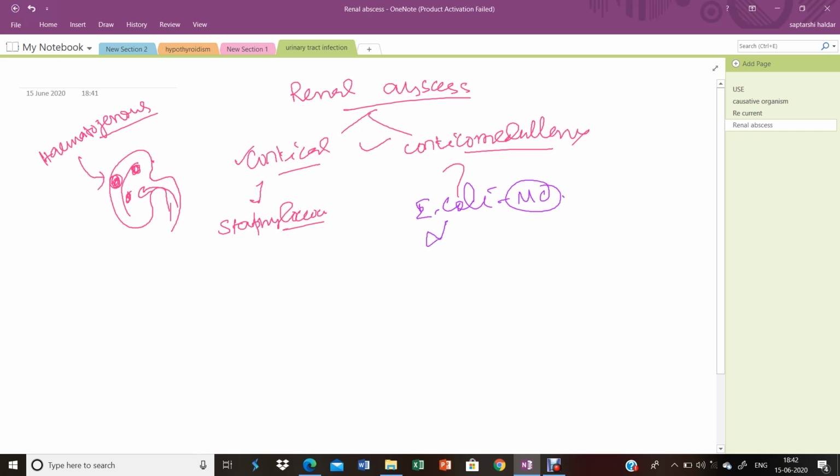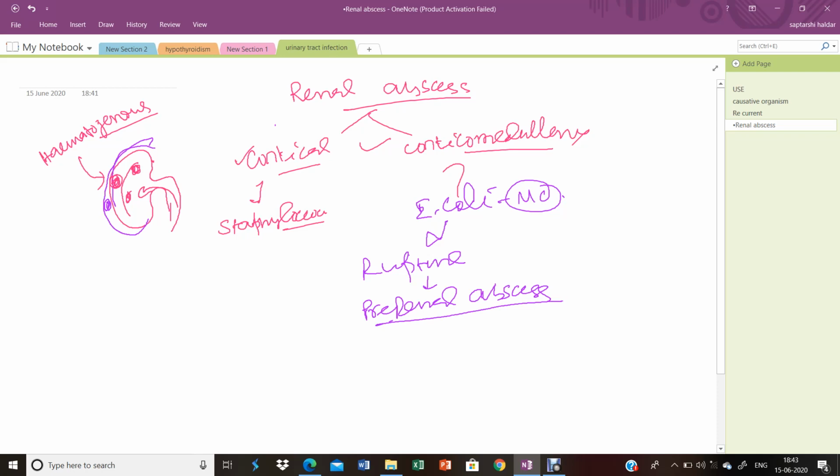The abscess at the corticomedullary junction will expand and later rupture, and the abscess will be present behind the renal capsule, and the patient presents with a perirenal abscess.